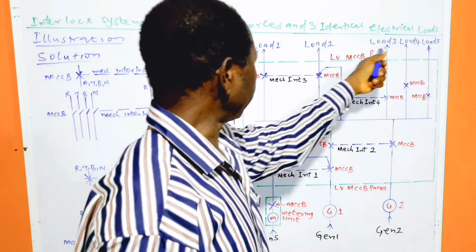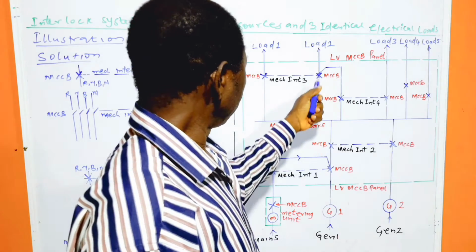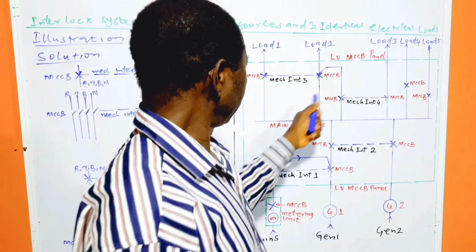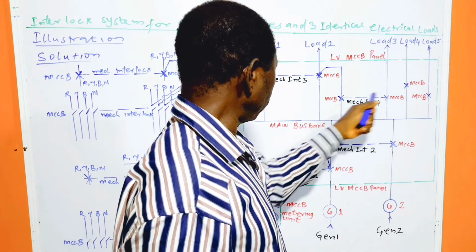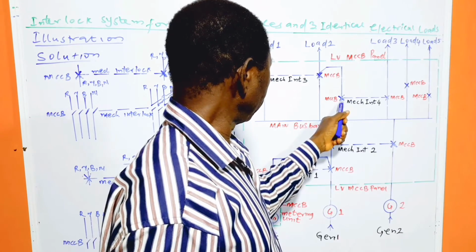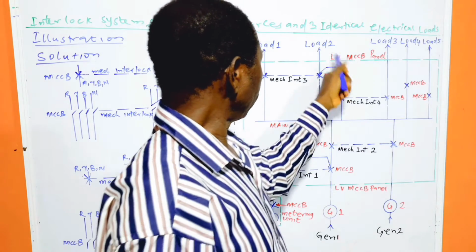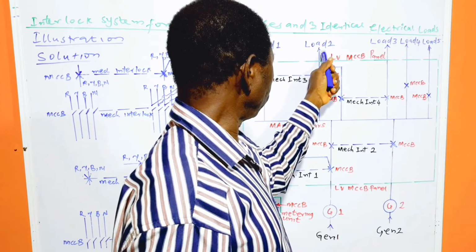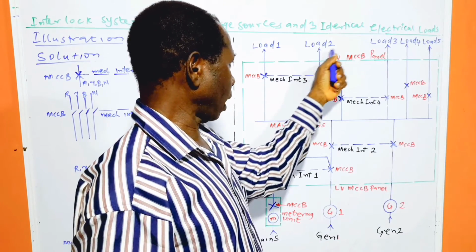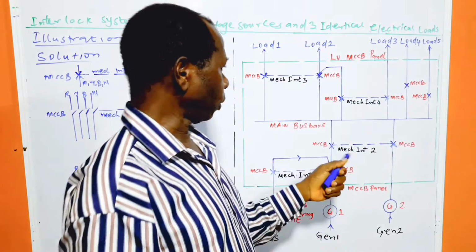If loads 2 and 3 are to be selected, this circuit breaker will be closed and this one will open automatically. And this circuit breaker will also be closed while this one will open automatically. So I will have these loads 2 and 3, or if they are chillers, chillers 2 and 3 being on.